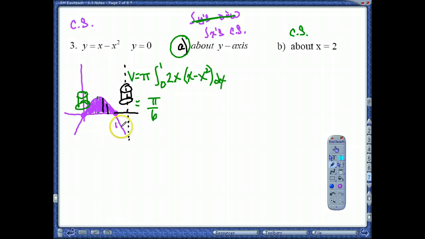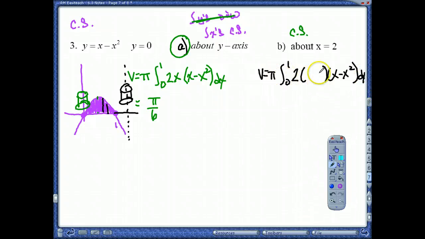The thing that has changed is the radius. So the radius has changed, the height has not. My little dx is halfway off my page.